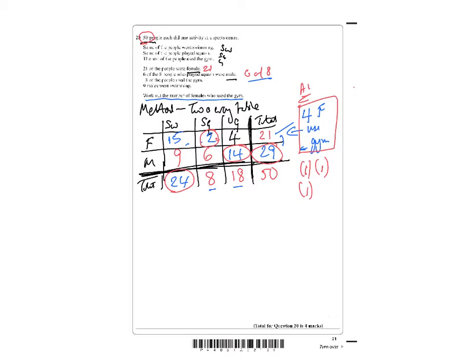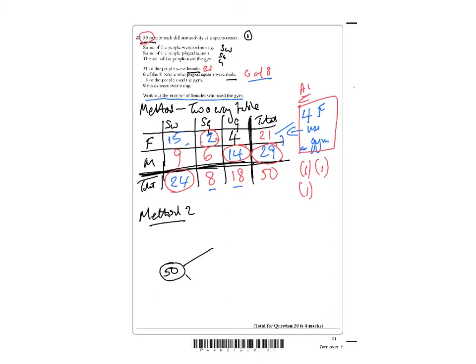Okay, I said there was a second method which I'm going to draw underneath here. Method 2. I think it's called a frequency diagram, but I'll show you it anyway. We have 50 people altogether from the first comment there.